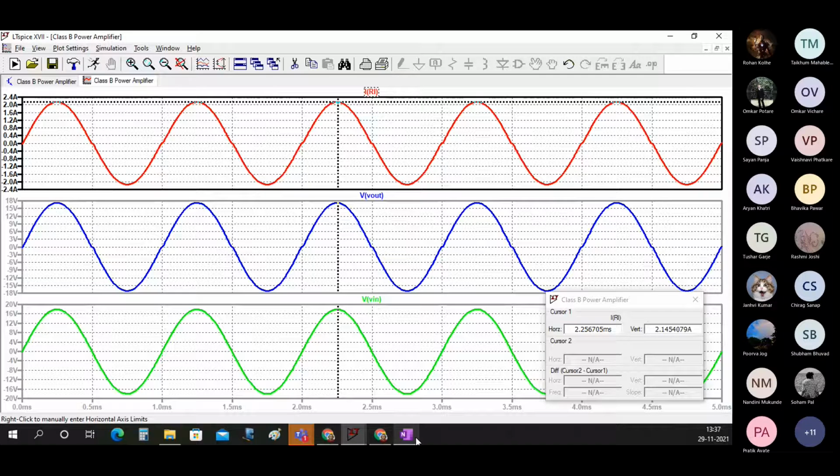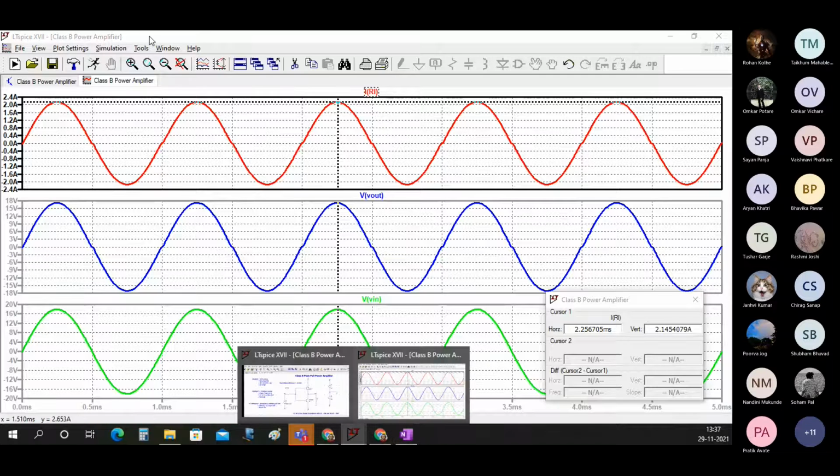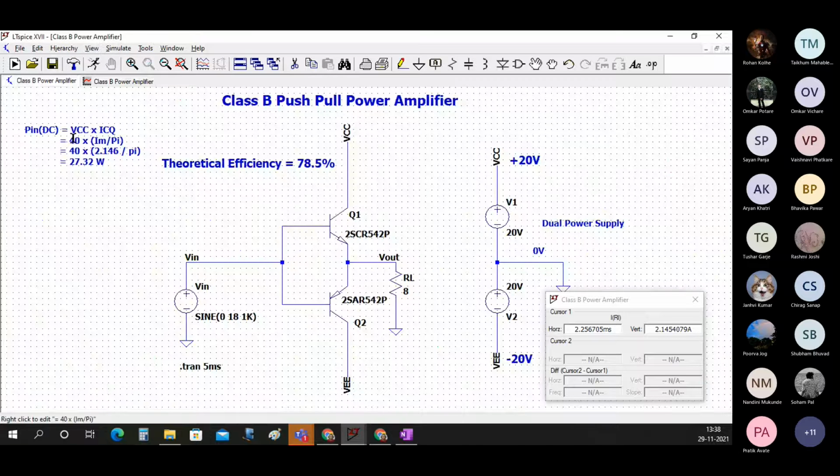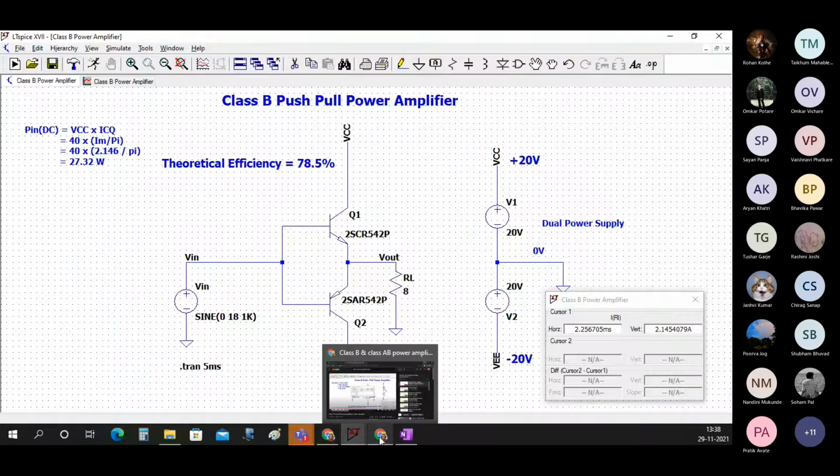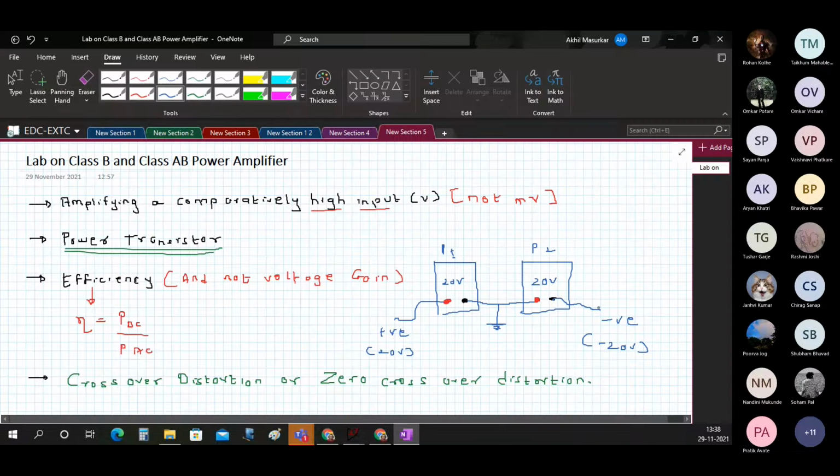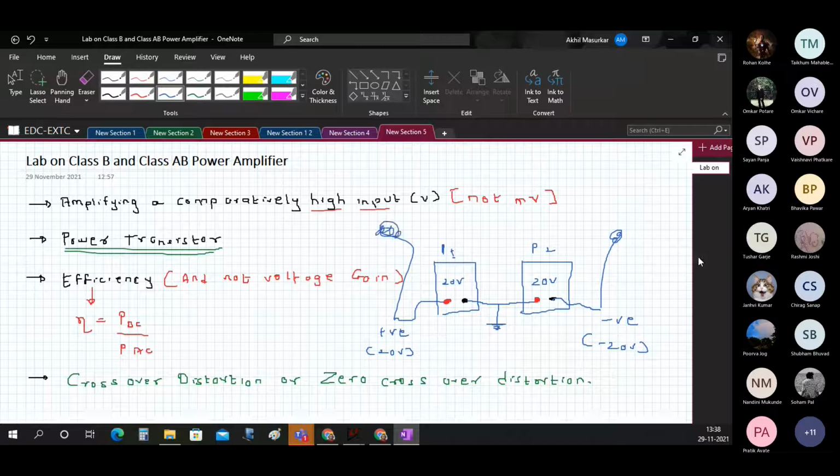Now in our formula, 40 is the VCC, that is the net VCC. If this is my dual power supply and I measure the voltage across these two terminals, that is going to be my VCC.